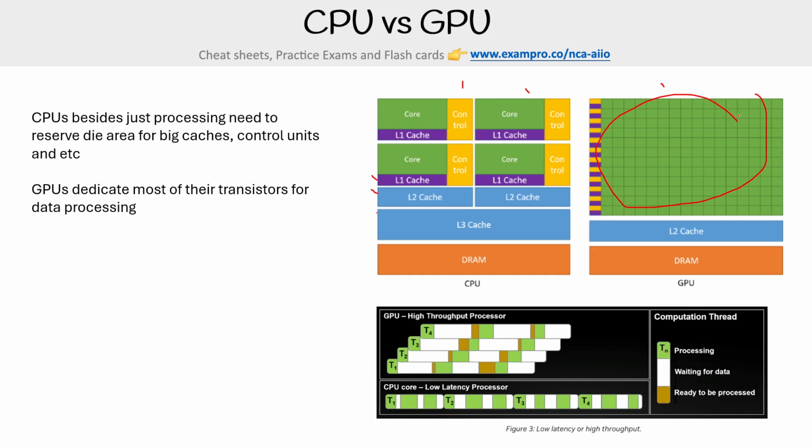Down below, what's important to understand is also the way the threading works, or how it processes tasks. CPU processors work on minimizing latencies within each thread. Down below, it says computational thread, and here is an example of a thread. Notice everything is stacked back to back to back.